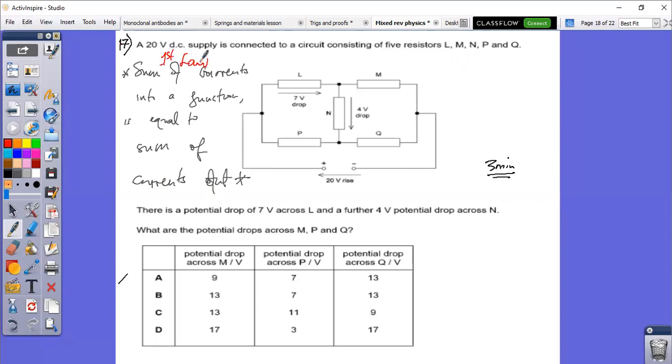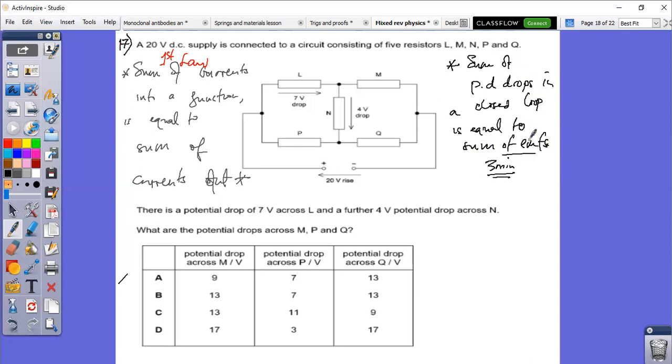Now the second law is the one that is very hard to apply. I say very hard because it's easily written, but very hard to understand. What does that state? The sum of PD drops in a closed loop is equal to the sum of EMFs.